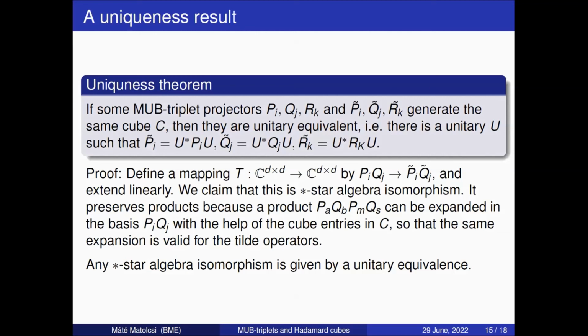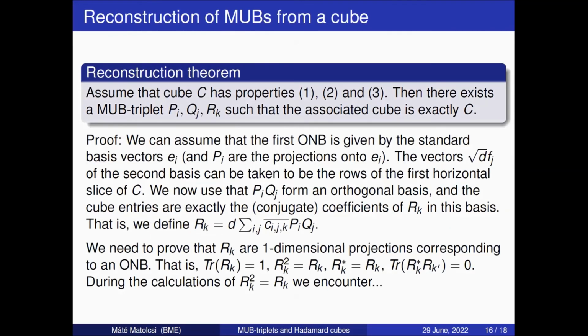So you might try to expand this product in this basis, and you might try to do the same thing with tildes, and you hope that the coefficients will be exactly the same. And the reason why they are exactly the same is that when you do such an expansion, it can be done with the entries of the cube. So if you have the same cube, then you will have the same coefficients. So finally, you get that it preserves products. And so it's given by a unitary equivalence. So that's one nice question.